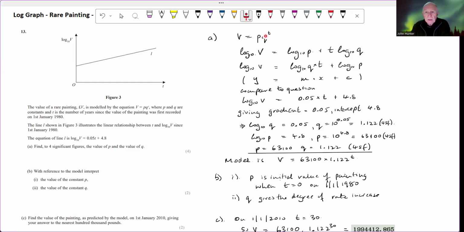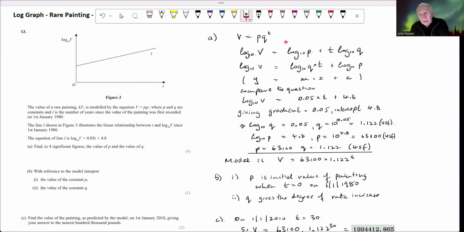Then what we're going to get is log base 10 of V equals, now we're using our log rules here, because the log of a product is the sum of the logs, so that's log base 10 of P plus log base 10 of Q to the power of T.